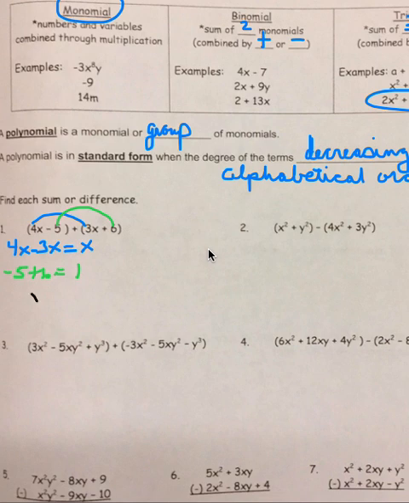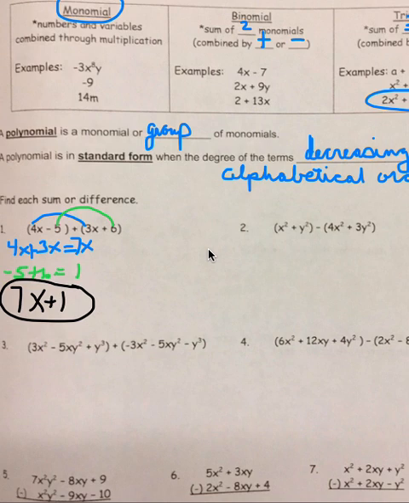So then our answer is going to be, actually sorry, this was plus 3x. So it's going to be 7x plus 1. See, even I make mistakes. It happens. So 7x plus 1 is our answer to the first one.